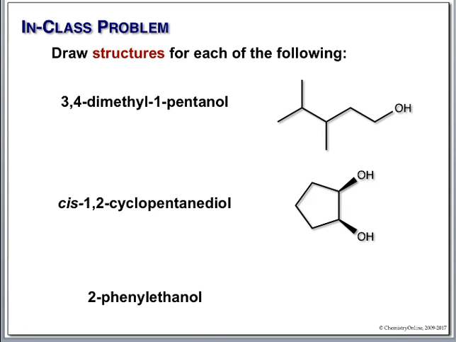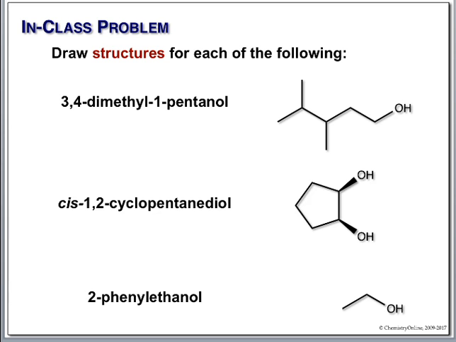2-phenylethanol. So again, start with the end of the name. Ethanol. 2 carbons with an OH. On carbon number 2, we have a phenyl. So, this is ethanol, isn't it? 2 carbons with an OH.